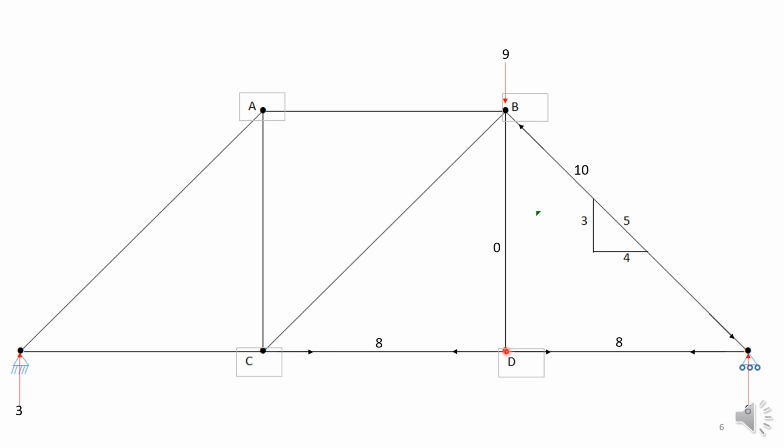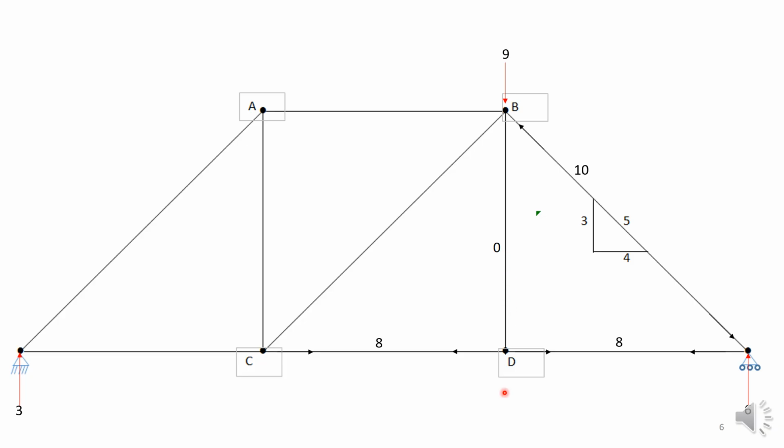So the force to the right of D must balance the force to the left of D. So you have to have a tensile force also of 8 units in CD.